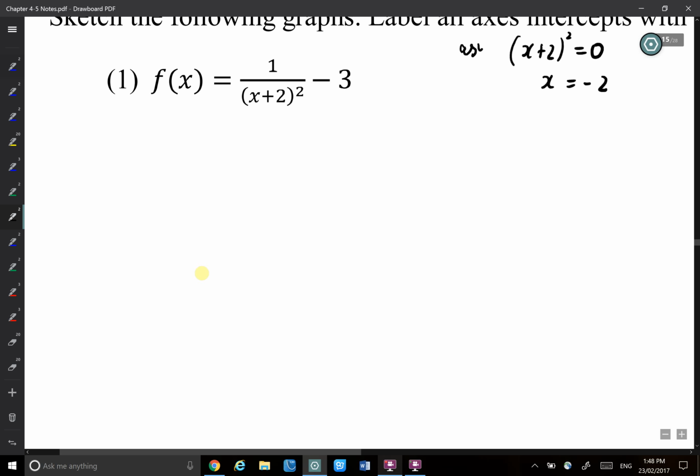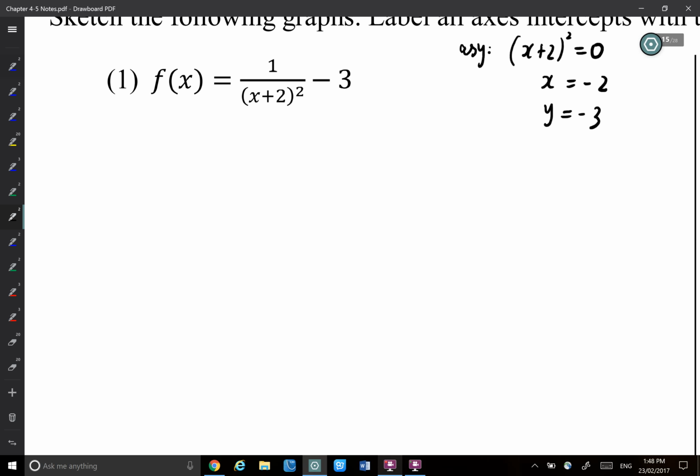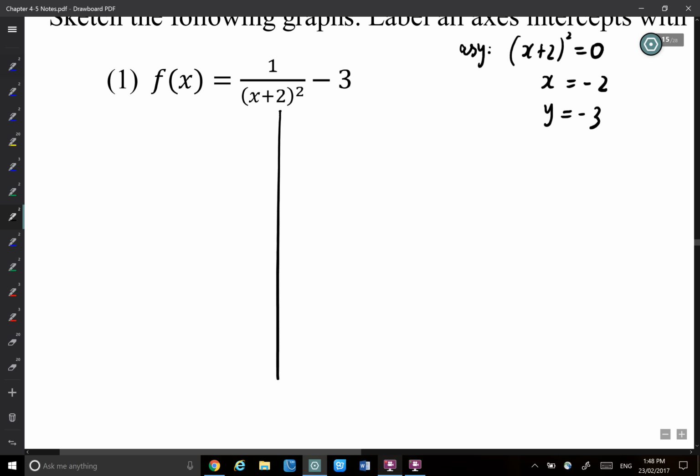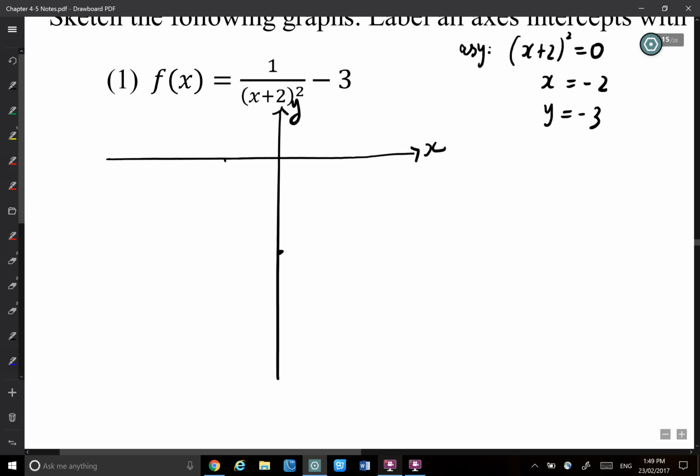So x equals minus 2 and y equals minus 3 will be the asymptotes. y will be minus 3 and x will be negative 2.